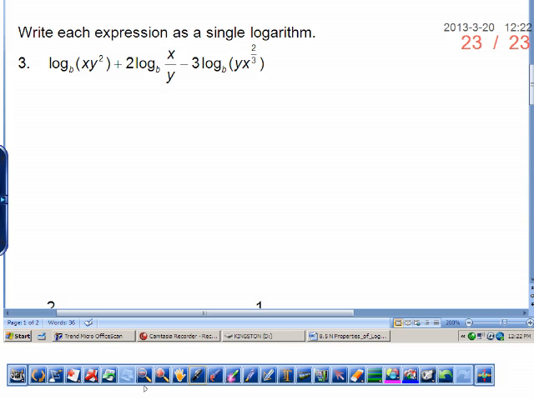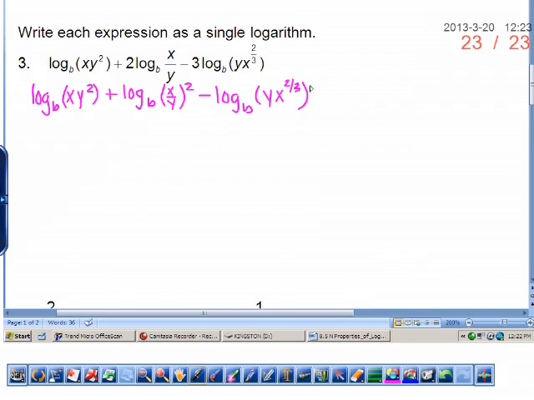The first thing we're going to do is move these coefficients and turn them into their powers. So that's going to be log base b of xy squared plus log base b of x over y squared minus log base b of yx to the 2/3. That whole thing is now cubed.